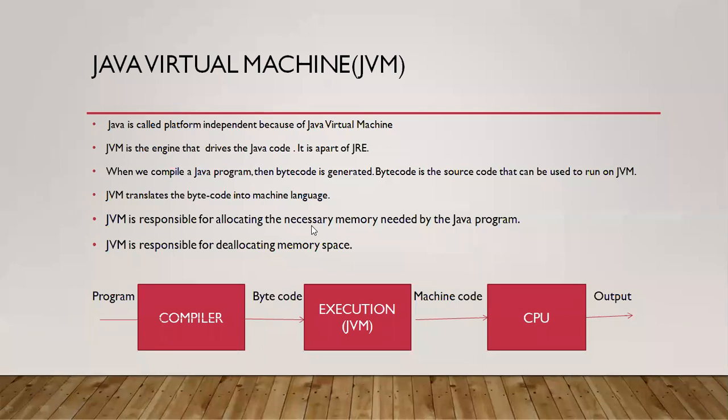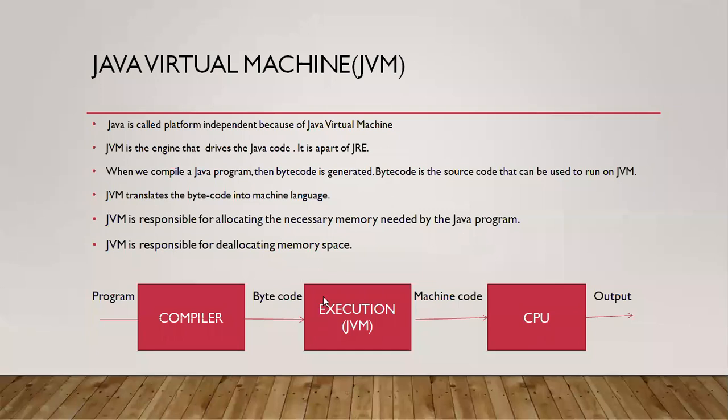In that runtime memory, we allocate the memory for each and every variable or object of a Java program, then we process in that particular memory, and later we save the runtime results also in that memory.